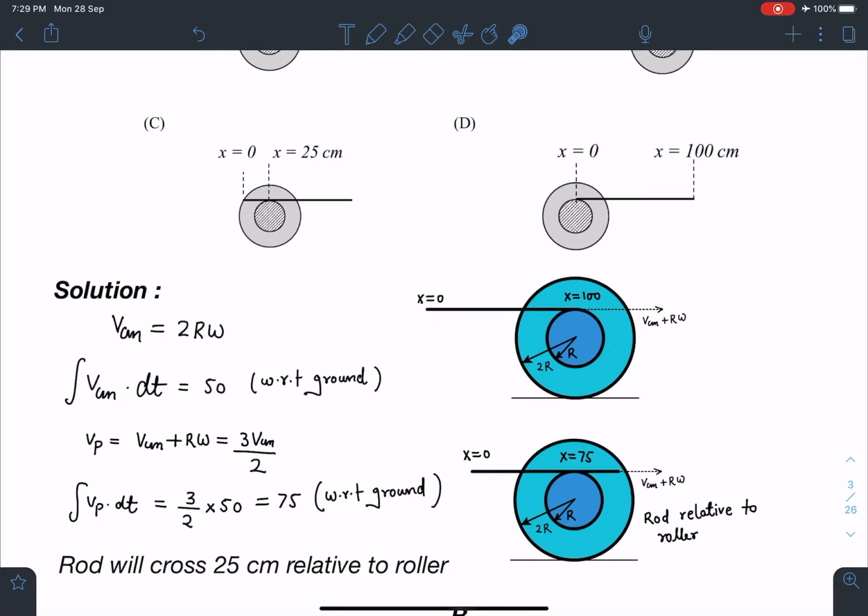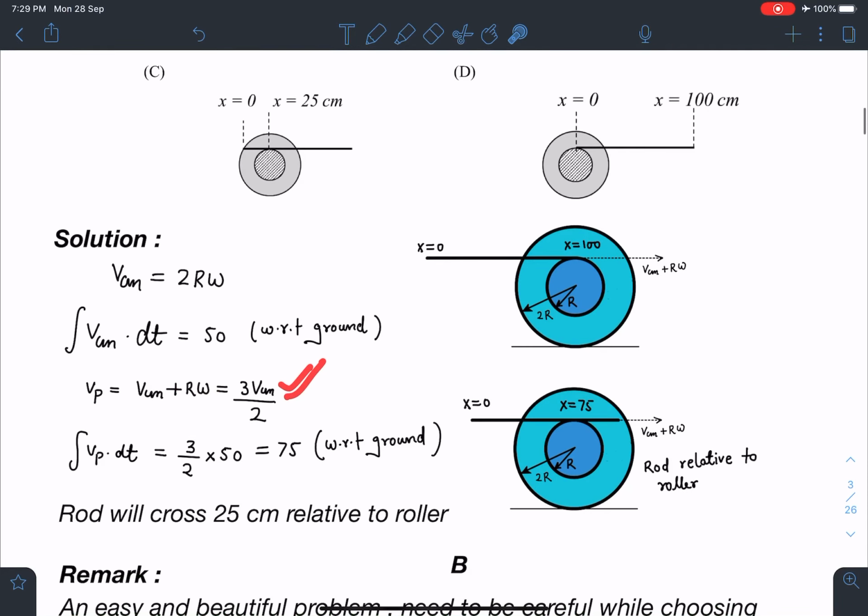If R omega is VCM by 2, if you substitute, this comes as 3 VCM by 2. So the absolute velocity of this point is known to us: it is 3 by 2 times VCM.